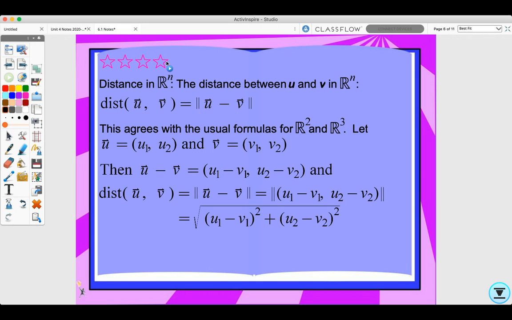And the distance between u and v is the norm of u minus v, which is the square root of (u1 minus v1) squared plus (u2 minus v2) squared. And these should look familiar from previous math classes.